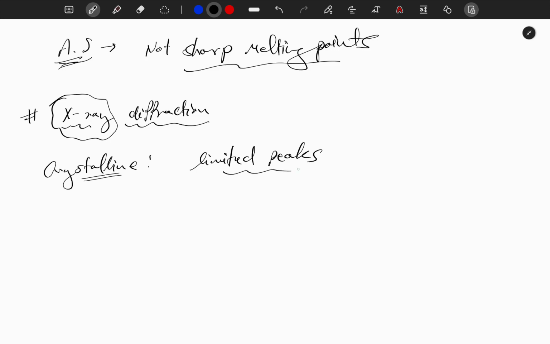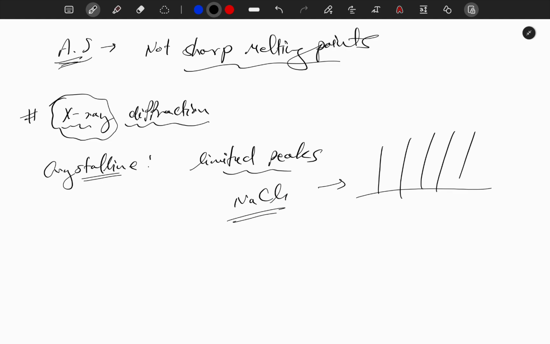So these peaks, for example, like this, are at different positions. We get limited peaks, and these peaks are characteristic of a solid. So if I look at this peak pattern, I can say that this is NaCl, for example.